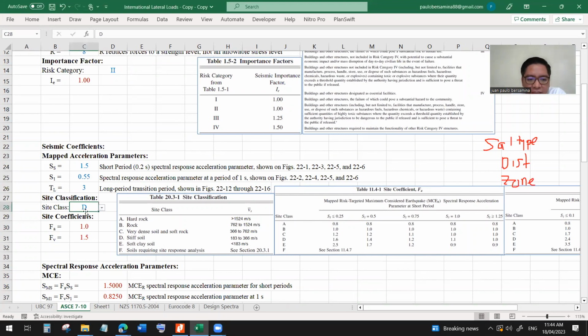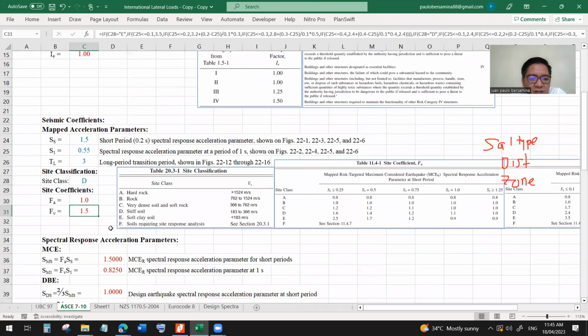Tayo dito, soil type. Dito, wala nang pinag-usapang distance kasi nga, in-indicate na ng map yung specific spectral acceleration natin per location. And even the zoning, because of the map. Regardless of your zoning, yun na yung mismong value ng spectral acceleration.